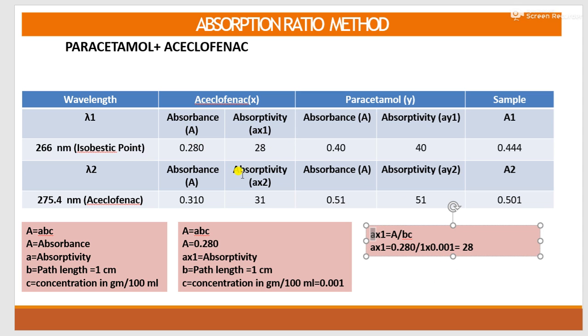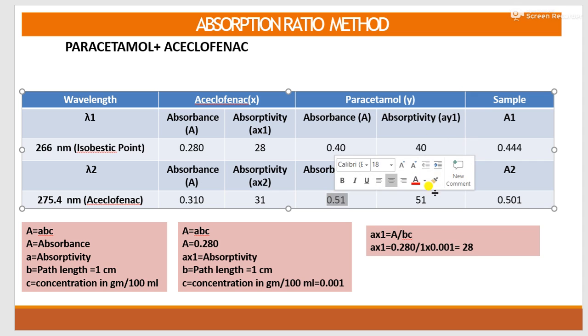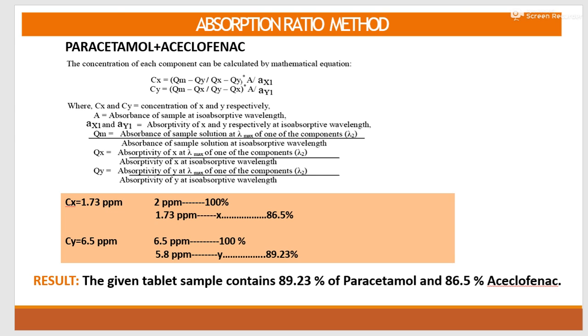Similarly, you can calculate absorptivity for the other absorbances. So these are the absorptivities, and A1 and A2 are the absorbances of the sample at lambda 1 and lambda 2. Now if you substitute the values of capital A1, A2, AX1, AY1, AX2, AY2 into this equation, you will get the concentrations CX and CY.